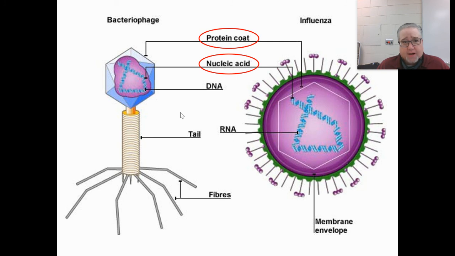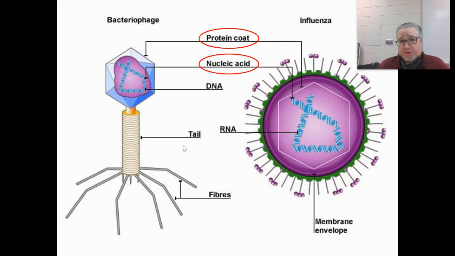But what I want you to notice here, these are two different viruses. This is a bacteriophage on the left. This is the influenza virus on the right. You'll notice that they have their own nucleic acid, and that's the blue thing in the middle here. In this case, it's RNA for a flu virus. For a bacteriophage, it's DNA, but they also have a protein coat that surrounds that genetic information.